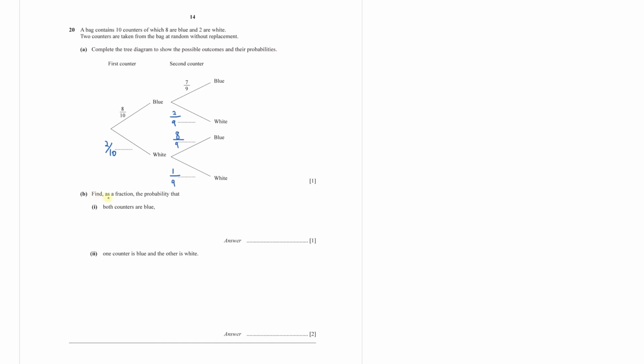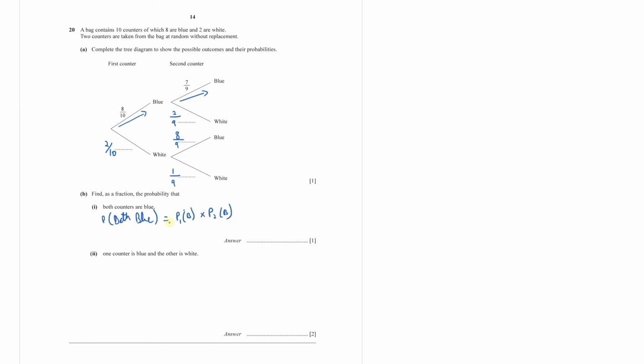Now the second part is to find, as a fraction, the probability that both counters are blue. So that means we have to go first one blue and then the second one blue. So the probability of getting both blue would be P1 of B multiplied by P2 of B. What I mean by that is, getting both counters blue means you get a blue the first time and the second time, and 'and' means you have to multiply the two probabilities.